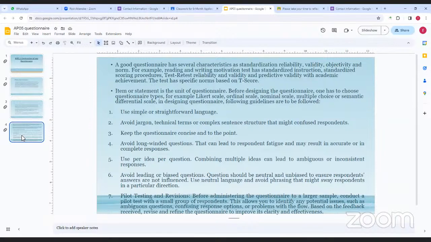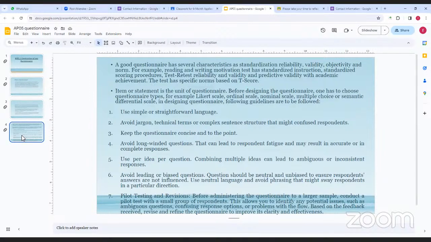Item or statement is the unit of a questionnaire. Before designing the questionnaire, one has to choose the questionnaire type. For example, whether it will be an interval scale, an ordinal scale or a nominal scale, etc. Multiple choice or semantic differential scale.